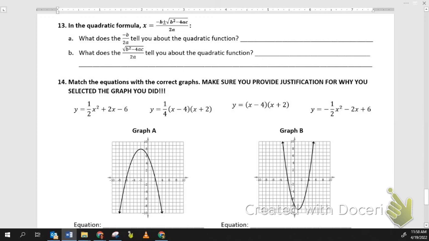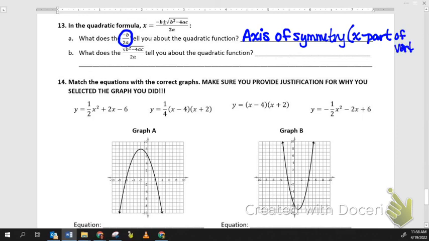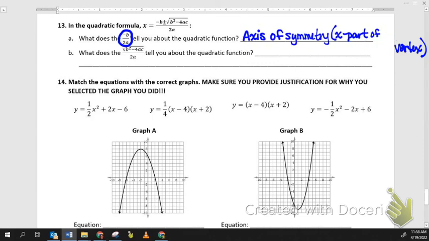13, what does -b/2a tell you? Yep, this tells you the axis of symmetry. This is the x part of the vertex. Axis of symmetry, the x part of the vertex, is what we know from -b/2a. So what does the rest of it tell us then?